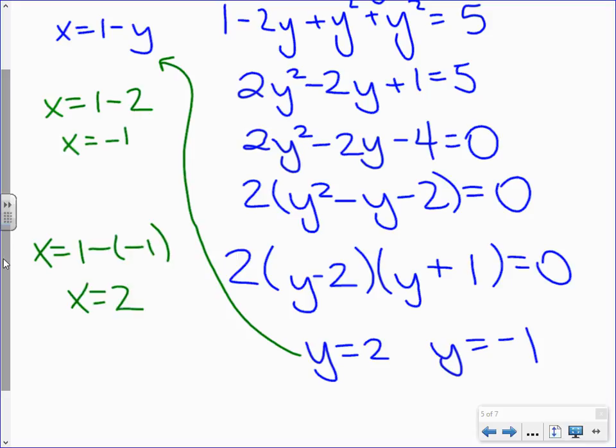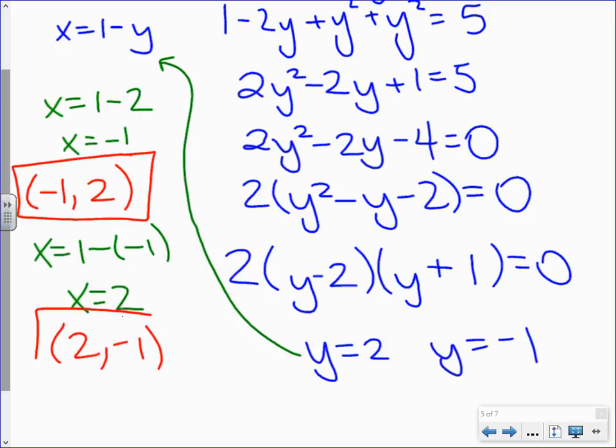So we have two solutions. You need to actually write me the coordinate negative 1, 2. And you need to write me the coordinate 2, negative 1. The coordinate is the point of intersection. The coordinate is your answer. I am not okay with x equals 2, y equals negative 1. You need to write it as a coordinate.